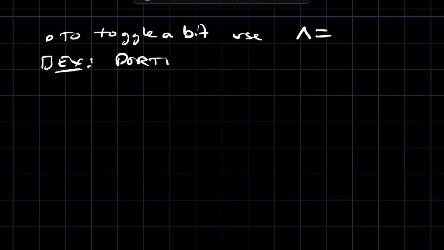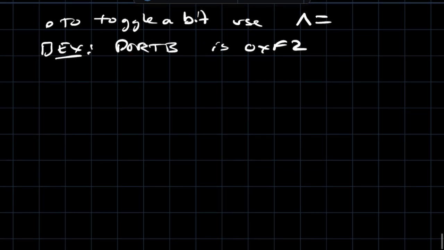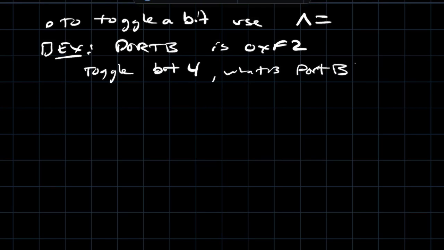PORTB is F2. Let's toggle bit 4. And what's PORTB now? And then repeat the toggle and calculation.